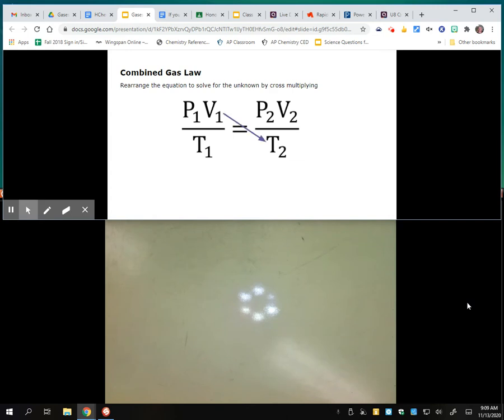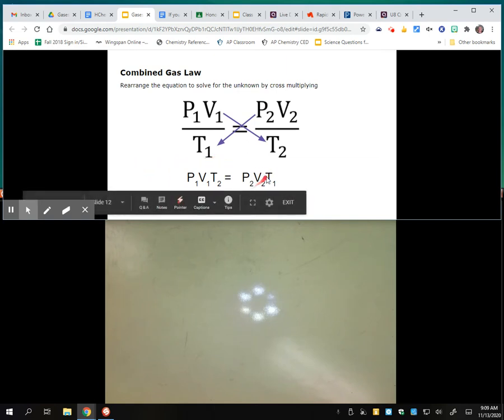So P1 times V1 times T2 is equal to P2 V2 times T1. This is after we've gotten rid of all the division. Now it's much easier to rearrange.